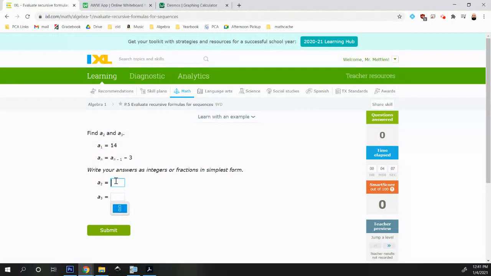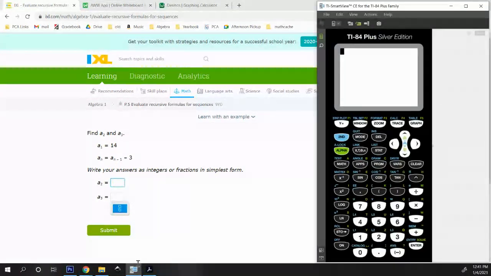I'm looking for 2, so one before that would be 1. So I'm going to take 14 and put it right here. I'm going to write this equation, but instead of a_(n-1), I'm going to put 14 because that's the number before the one I'm looking for. And then I put the minus 3 that was in there and press enter, and that's 11. So a_2 is actually going to be 11.